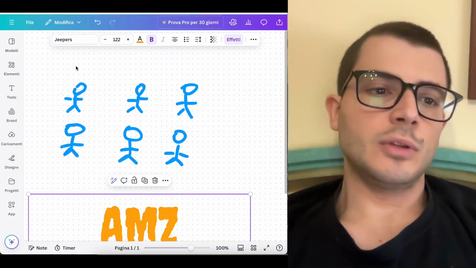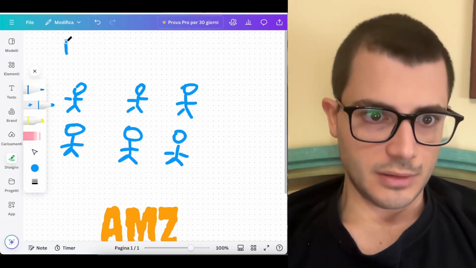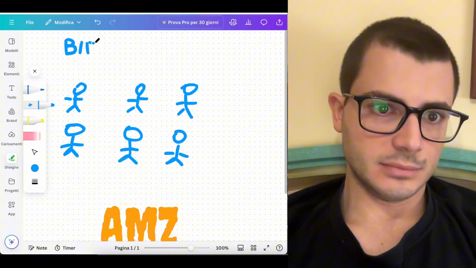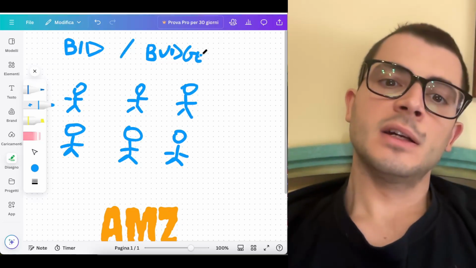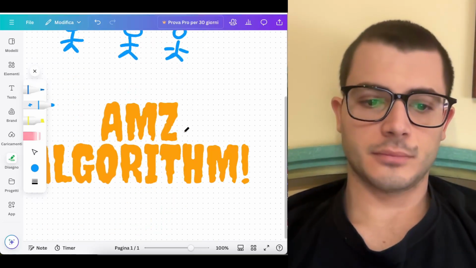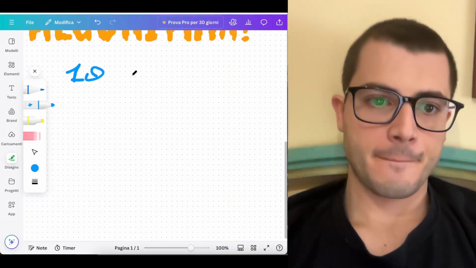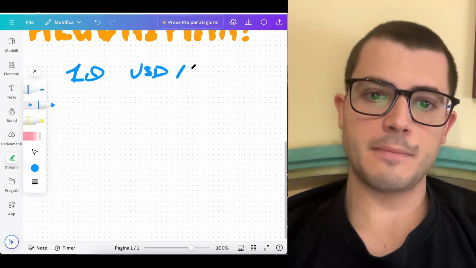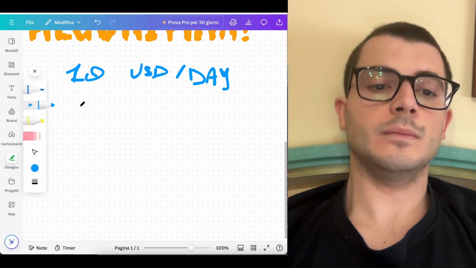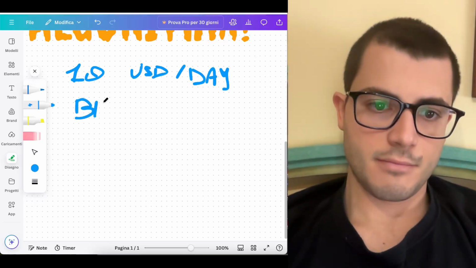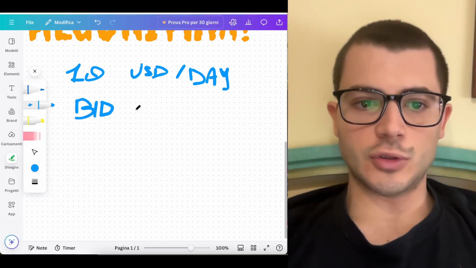The first thing we speak about today is bid and budget. So you are in your campaign, and you set, for example, 10 USD per day, and then you also have a bid.